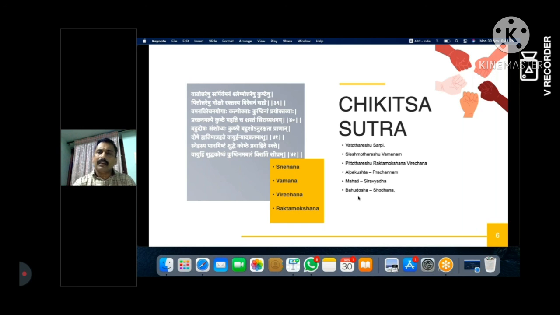And for Virechana, a large number of yogas are mentioned in the text itself, like Manibhadraguda Prayoga, then Abhyadivati, then Ichabedi Rasa, then Avipatti Churna. There are many, such as Trivrit Churna with Draksha Rasa, etc. It can be given. There are many Virechana yogas available.